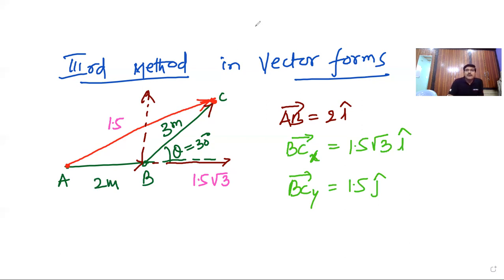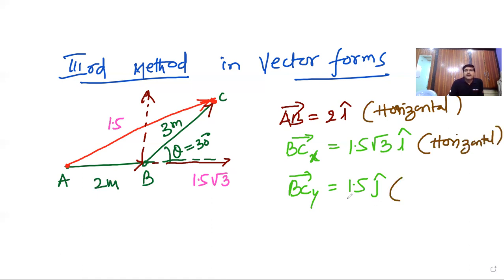Clear? Now, clearly I am writing in the bracket that this is AB in the X direction, so horizontal direction. BC's X component is in the horizontal direction, and BC's Y component is in the vertical direction.